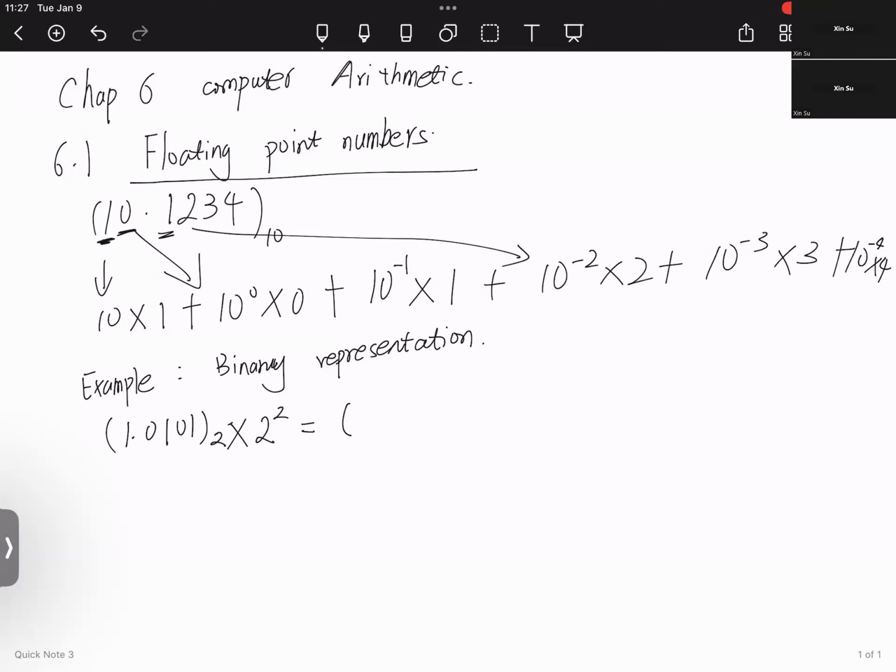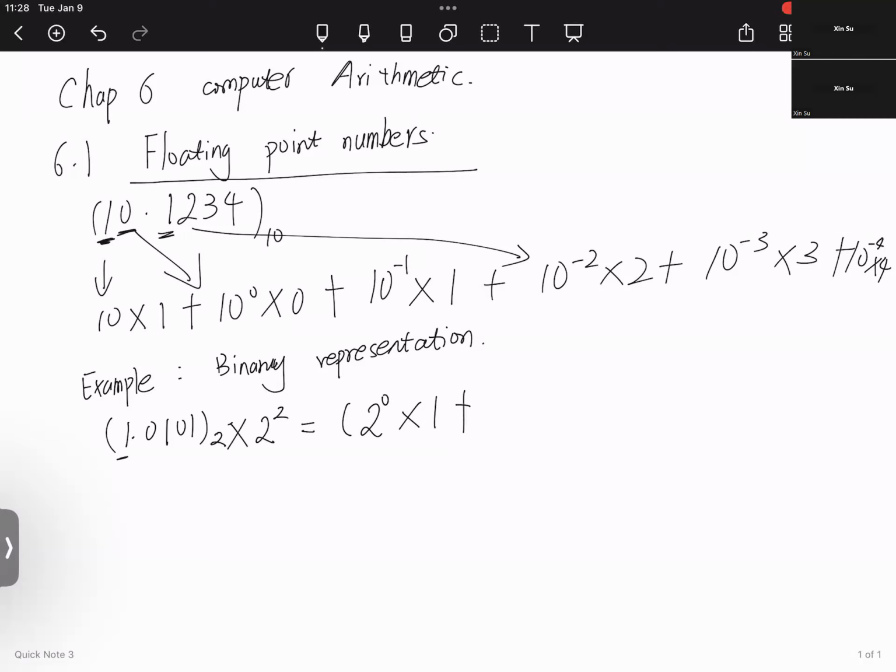For this one, it's just a digit, and then 2 to the order of, because this is the place right in front of the decimal point, the exponent should be 0. So here we have 2 to the 0.